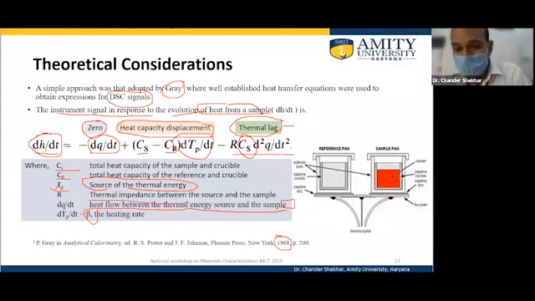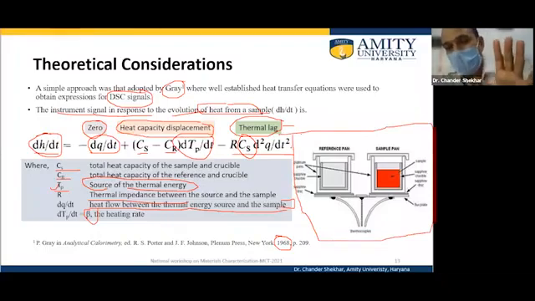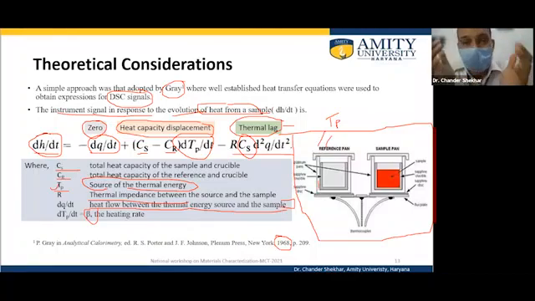Suppose this is the furnace that surrounds the sample. The program temperature is, suppose, TP, and there is a particular inert gas atmosphere, and then there's the heat capacity of the crucible and sample holders. All these factors are accommodated into what is known as the thermal impedance between source and sample.